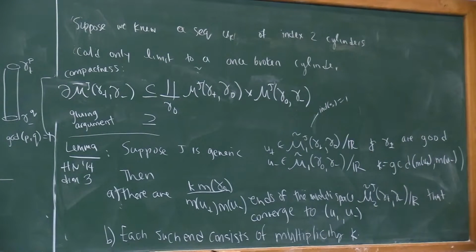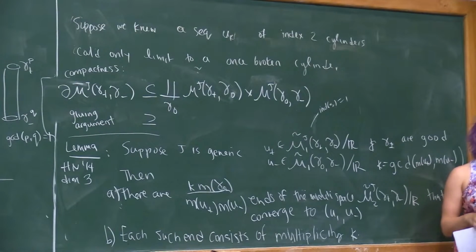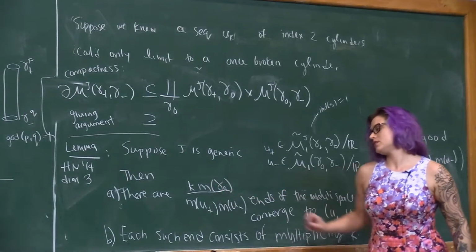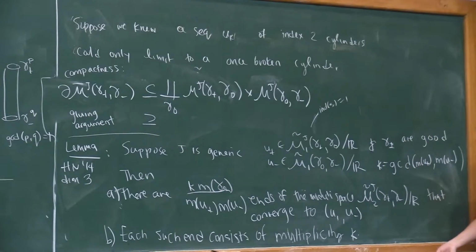Okay, so normally in Hamiltonian Floer theory, or even in Morse theory, or in symplectic homology, you only have somewhere injective cylinders, and all of your orbits are just time 1 periodic, and so you never see multiplicities appear, you never see ends having multiplicity, you just see that there is a unique solution that corresponds to the ends of the moduli space.